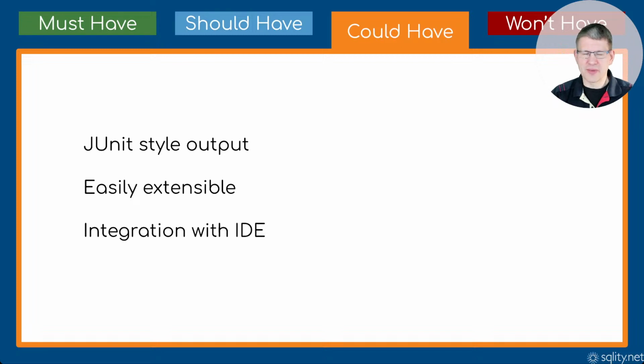You can achieve that without JUnit style output, but having JUnit style output makes that a lot simpler. You want your framework to be extensible, particularly in the area of assertions. You want the framework to provide a way to write your own assertions.